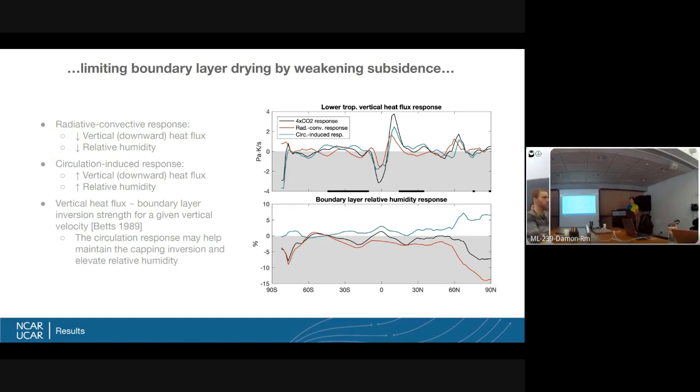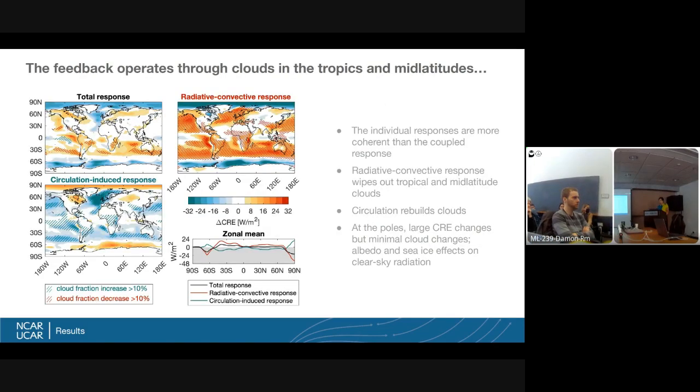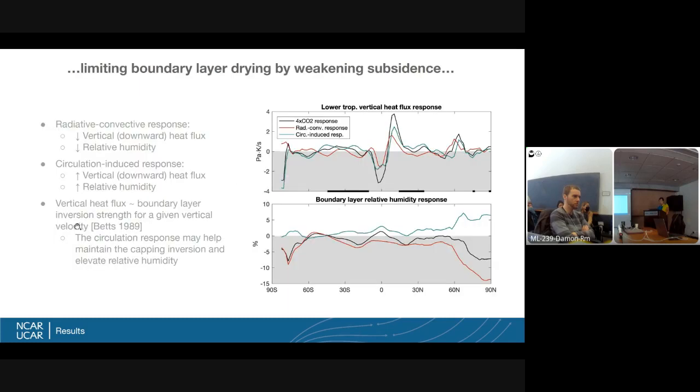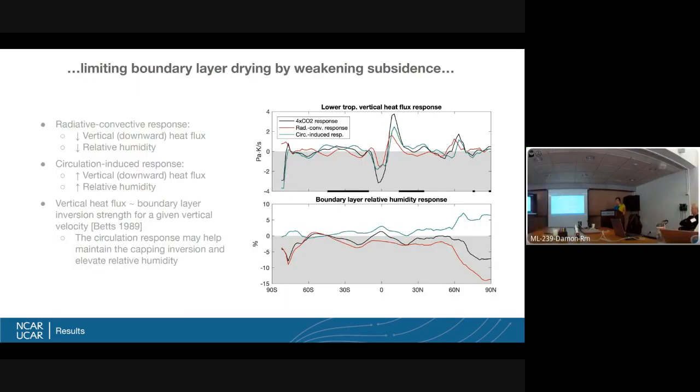So I guess what I wanted to say is the key is that the circulation's operating in the tropics and mid-latitudes to rebuild clouds. And I think it might be related, especially to boundary layer processes, because that's where a lot of circulation effects we think have an impact on clouds.